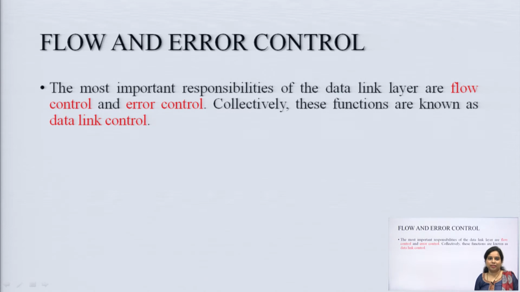Now, after studying bit stuffing, unstuffing, bit oriented protocol and character oriented protocol, next we are going to see flow and error control. The most important responsibilities of any data link layer are flow control and error control. What is flow control?